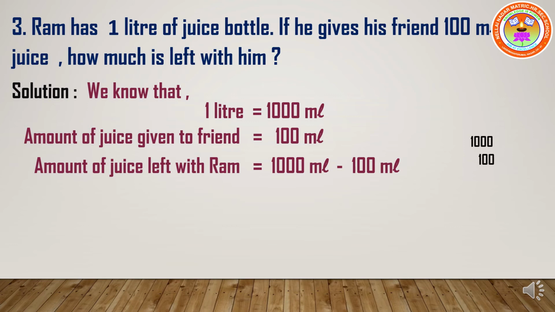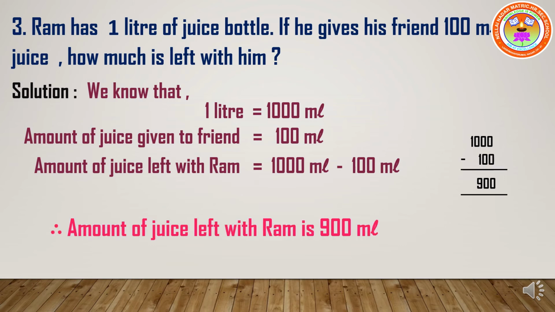Now, let us subtract 1000 and 100 milliliter. So, 0 minus 0 is 0. Again 0 minus 0 is 0. 10 minus 1 is 9. Therefore, amount of juice left with Ram is 900 milliliter. Understood, children?